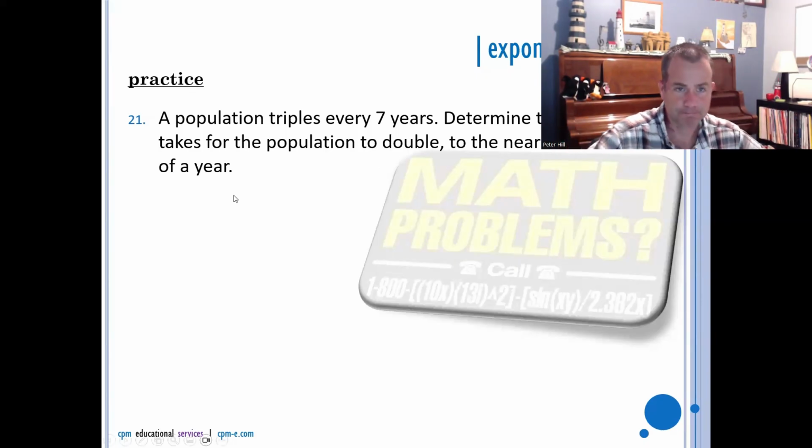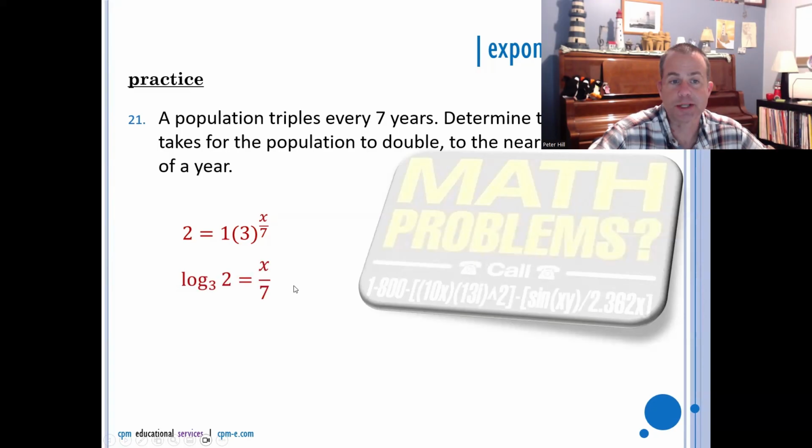Okay, so I'm going to do exactly that. I called my final population 2, my initial population 1, and then I'm tripling every 7 years. So my rate is 3, and my p-value is 7. And now I'm looking for the t-value to make this population double, okay? So divide by 1, that's not going to do anything. So I get 2 equals 3 to the x over 7, and I'm going to switch that to log form.